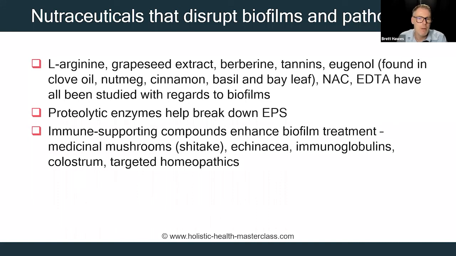Then immune supporting compounds to enhance biofilm treatment. Remember, people with biofilms and chronic infections, their immune system is depleted. So we can actually use things like shiitake, one of the best medicinal mushrooms for this particular application, echinacea, immunoglobulins, colostrum. There are great homeopathics in there as well. We can use all of this.